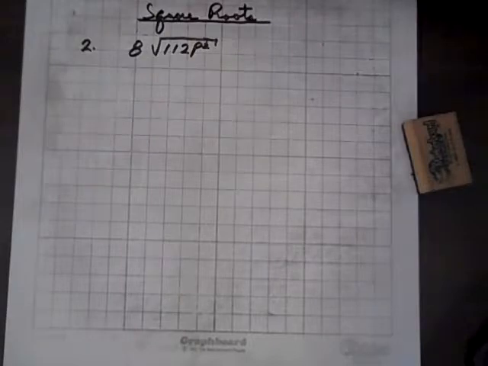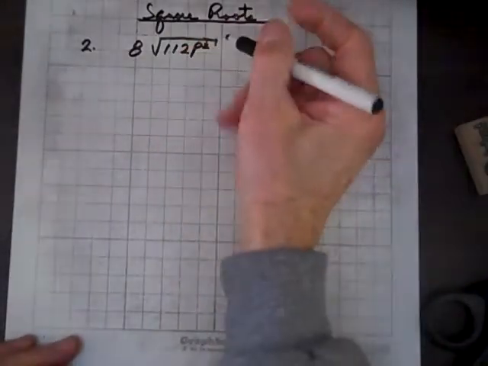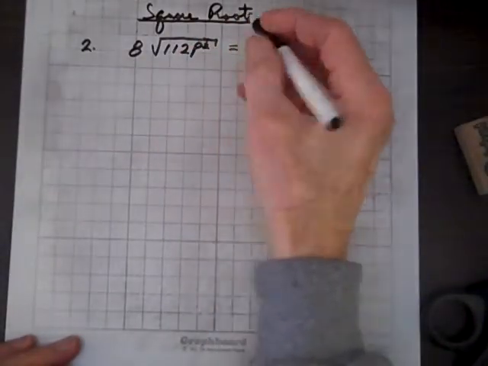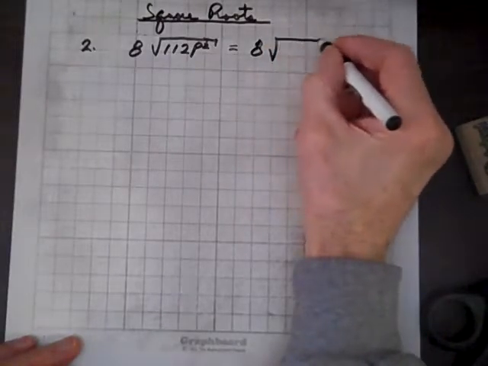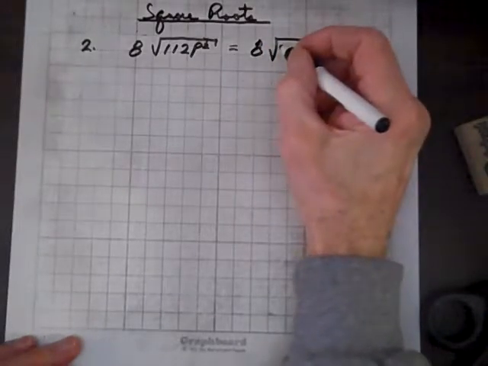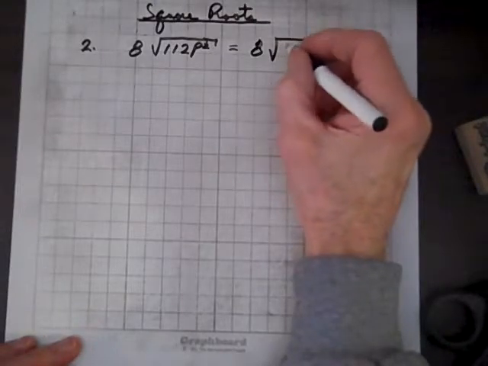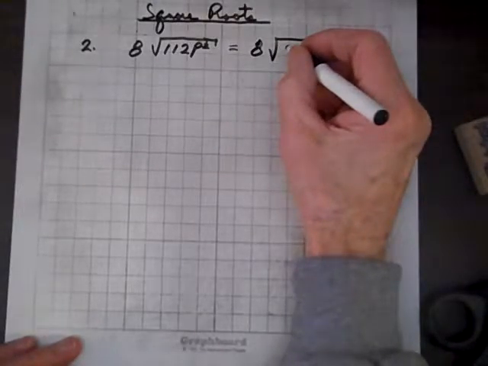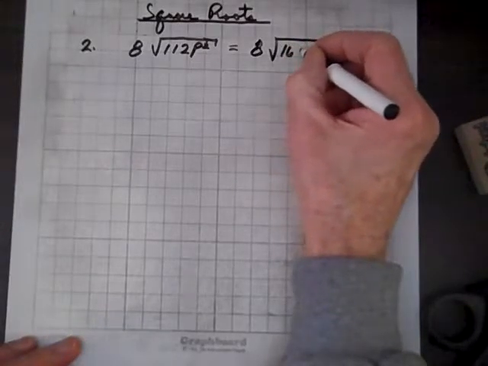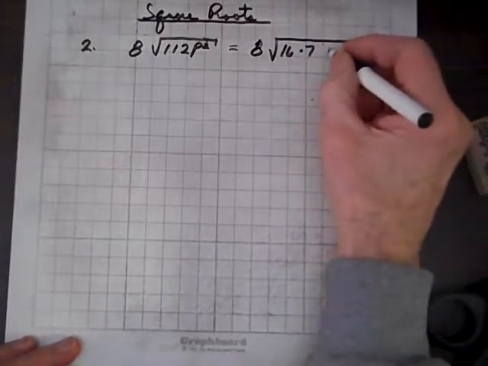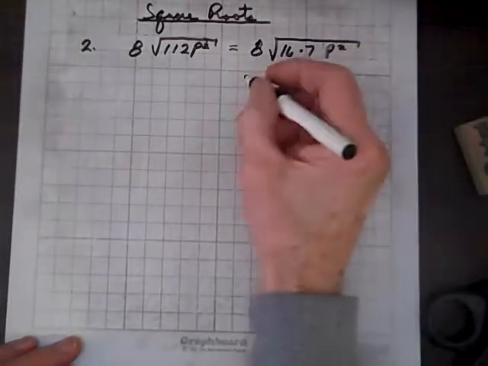Well, our next square root problem goes like this. Let's see, we've got 8 times the square root of, and 112 is the same as 16 times 7, and we've got this p squared here.